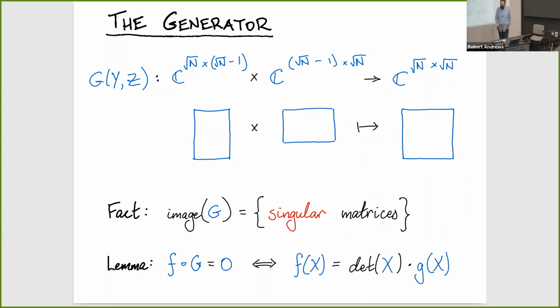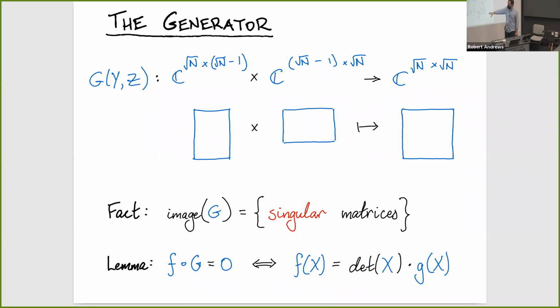And you can show that if a polynomial breaks this generator, if it vanishes on the output of this generator, then in fact, that polynomial must have been a multiple of the determinant. Okay, so instead of evaluating at all singular matrices, what I'm really going to do is use this generator that very clearly outputs a singular matrix, but it's really a collection of polynomials.